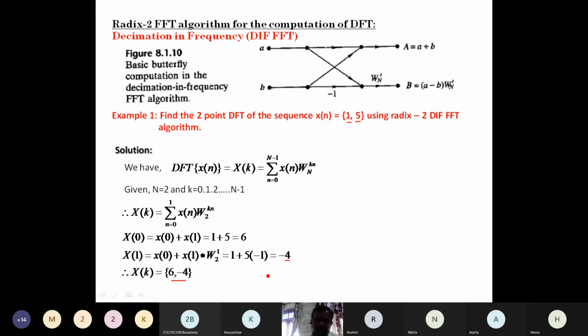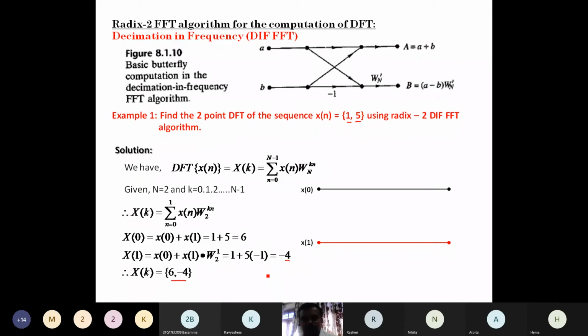Now let us calculate with the graphical approach, that is the butterfly computation. In the butterfly computation I need to draw the butterfly. I draw the first line and the second line, and put the input element values x of 0 and x of 1.